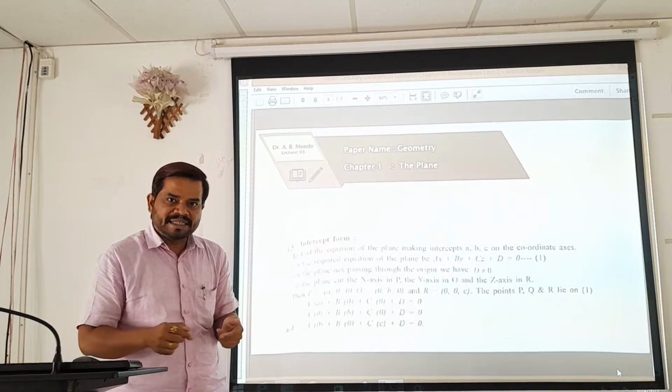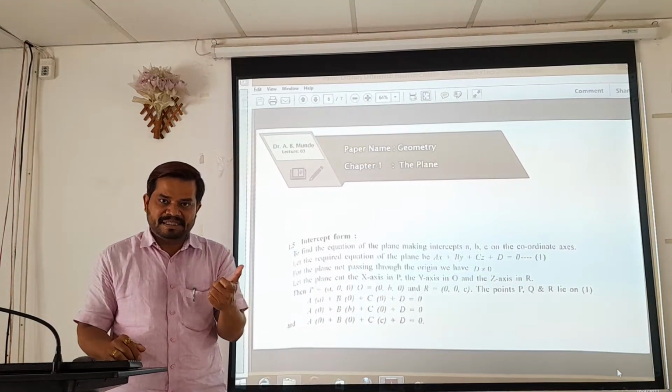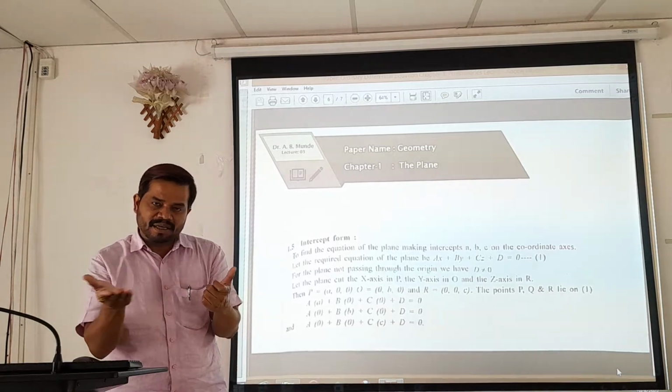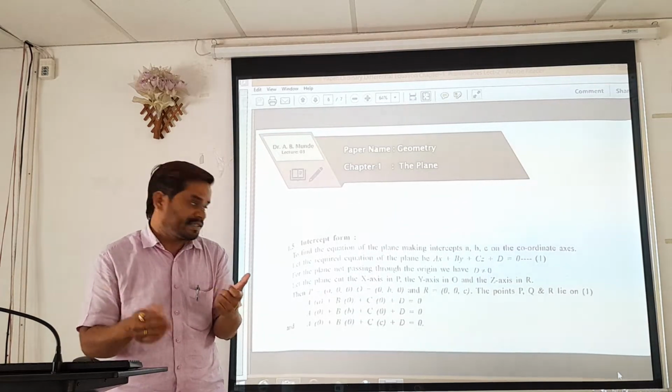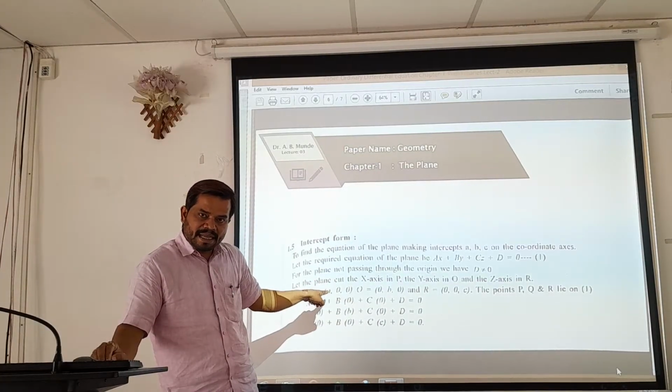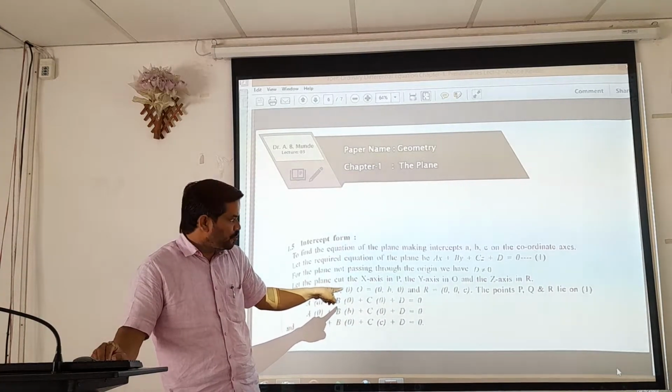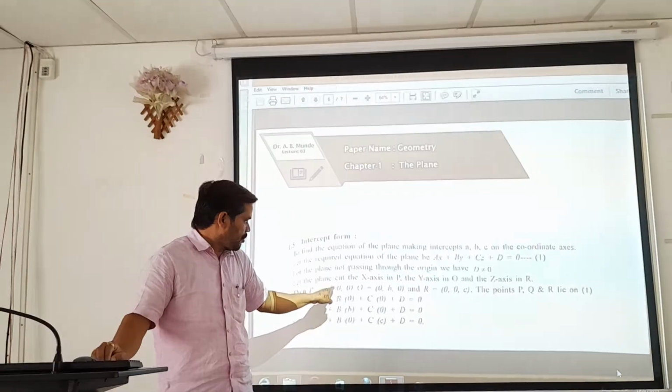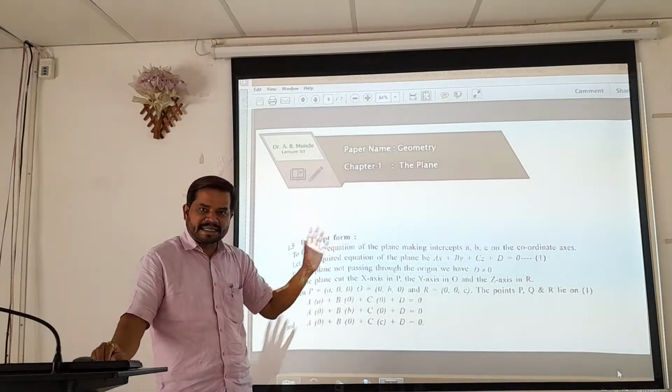The coordinates of the point P, because P is on the x-axis, are (a, 0, 0). Why? Because a is the intercept point.